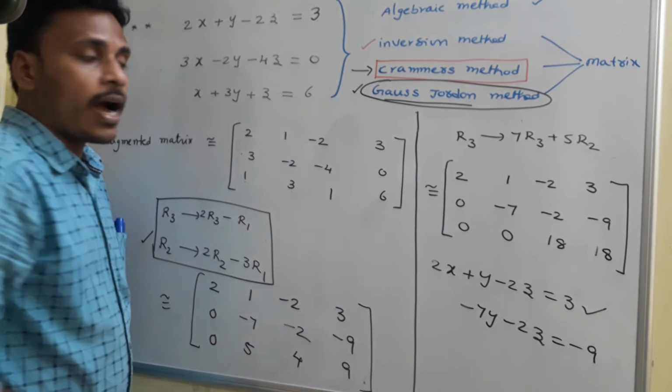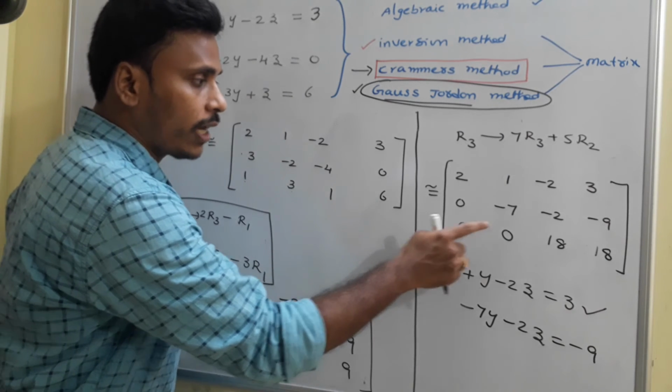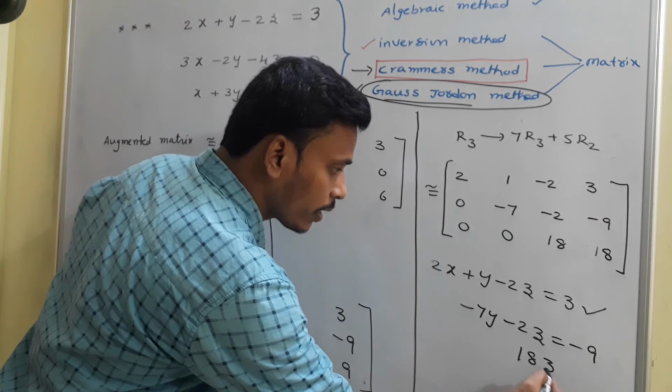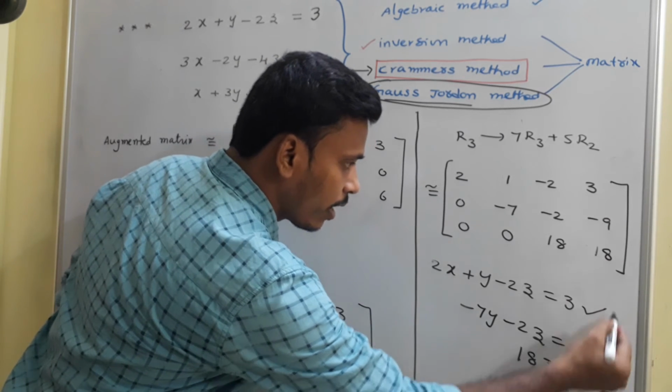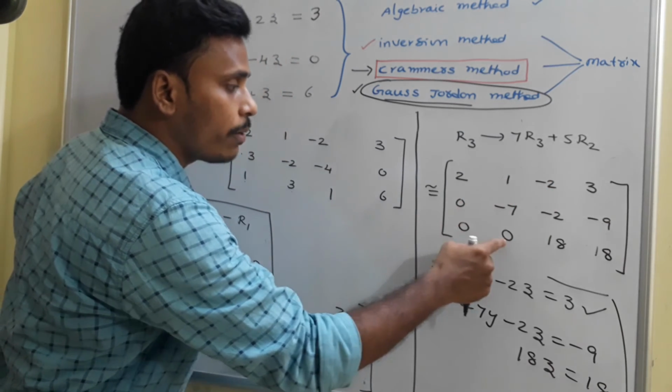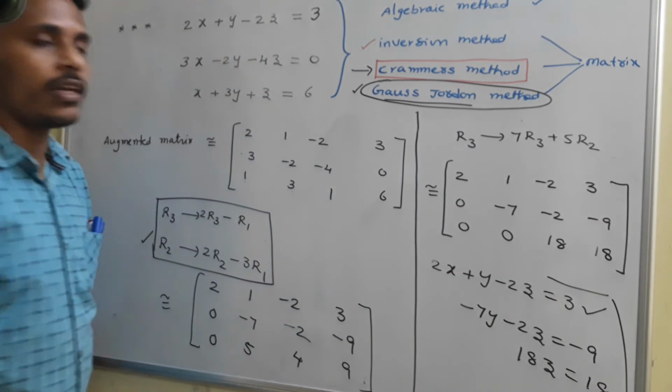And the last one: 0 into x, 0 into y, 18 into z is equal to 18.